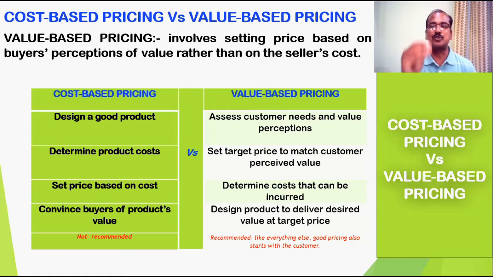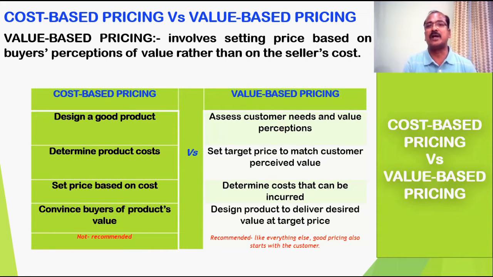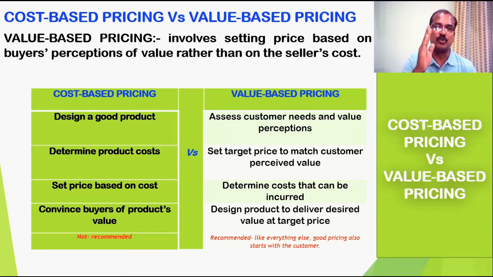So 10 rupees plus 2 rupees, the price which you are going to set for every unit of your product is going to be 12 rupees. After you set the price at the rate of 12 per unit, you convince the buyers of the product's value. You convince the buyers that this product is worth buying at 12 rupees per unit. This is the idea behind cost-based pricing.